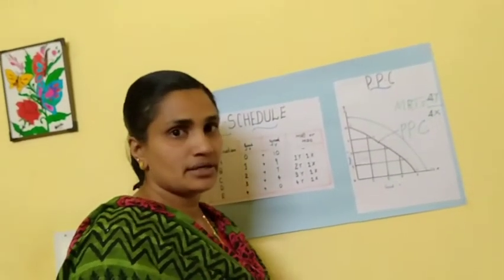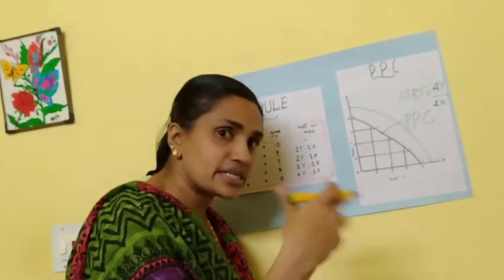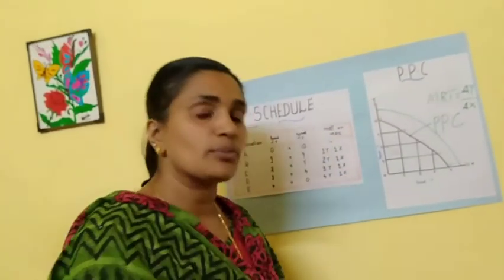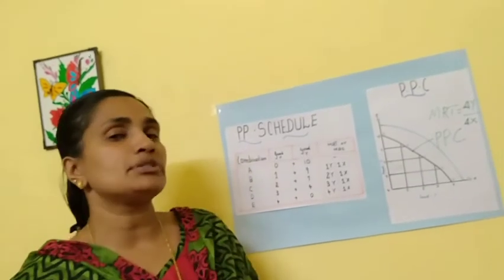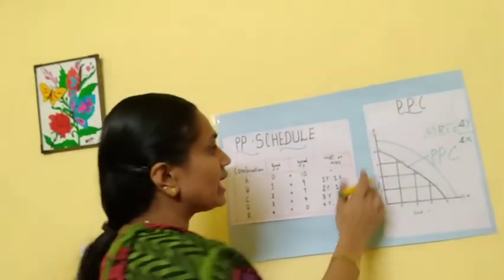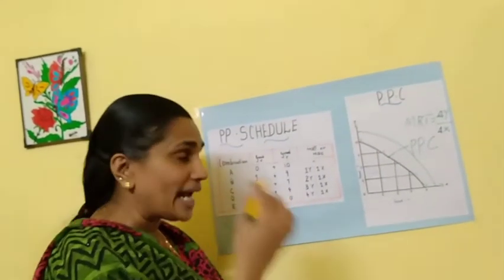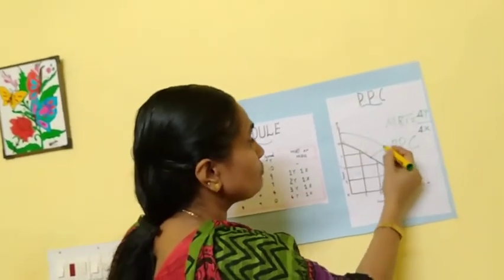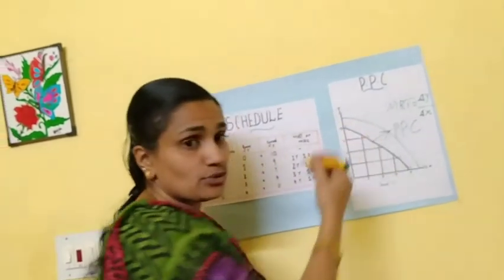Resources means labor. Sometimes the number of skilled labor will increase, or capital, human capital or human-made capital will increase. So at that time we are able to produce more than this amount. So the PPC will shift upward or rightward.